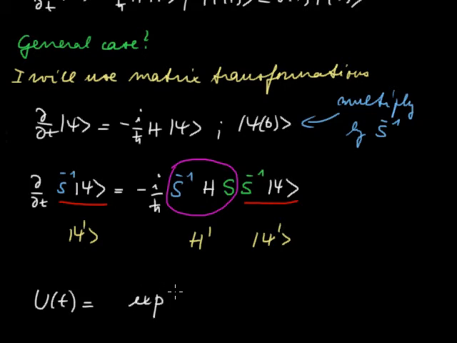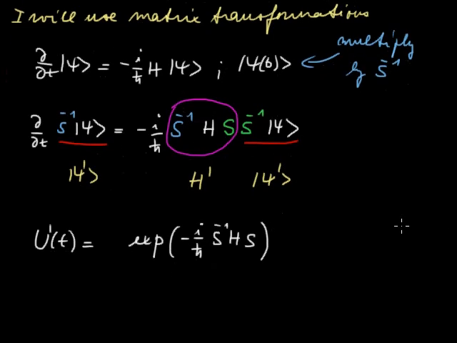So exp minus i divided by h bar S minus 1 HS, that is the U prime, the one which we defined in the diagonal basis, and that one solves this problem.